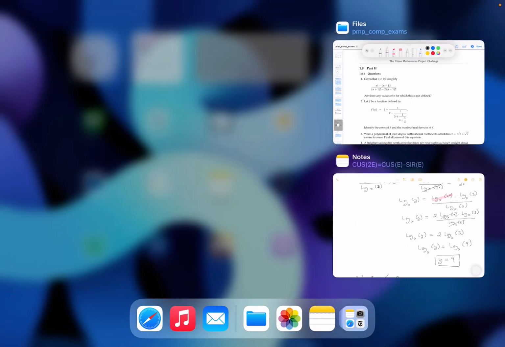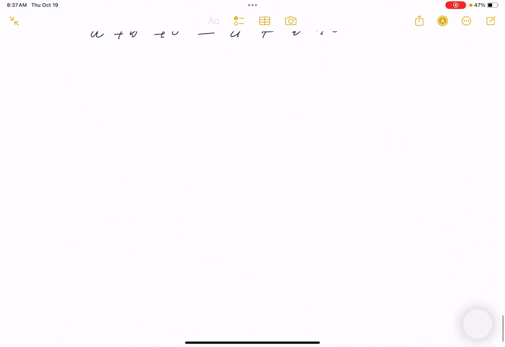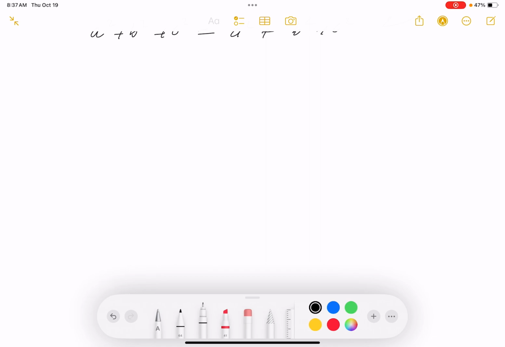Let me go through this and write it down. The first thing to do is determine what this looks like. I'm seeing n is a natural number. It doesn't look too bad.